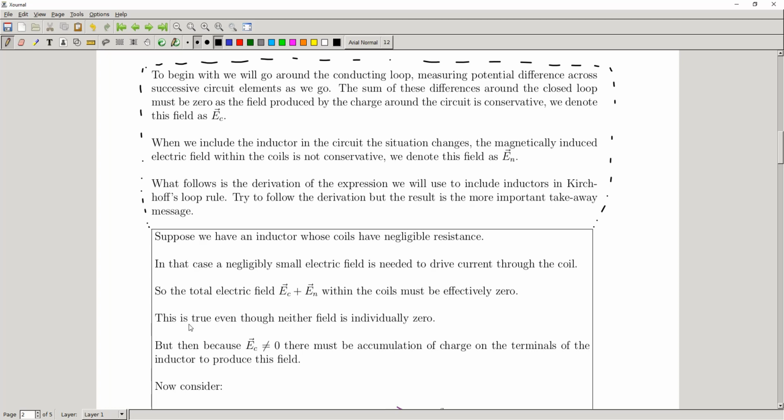And this is true even though neither our conservative electric field nor our non-conservative electric field are 0. Individually they're both non-zero, but when we add them up, they are 0. But then because this conservative electric field is not equal to 0, there must be an accumulation of charge on the terminals of this inductor to produce this electric field, right?